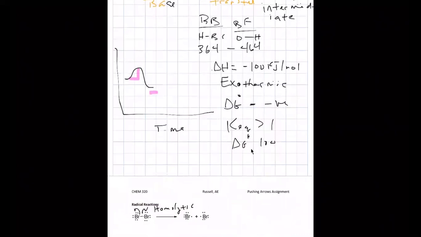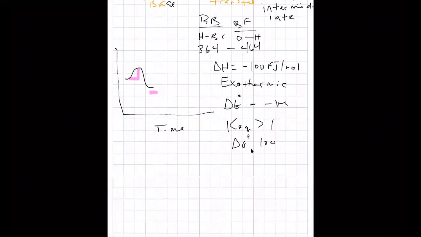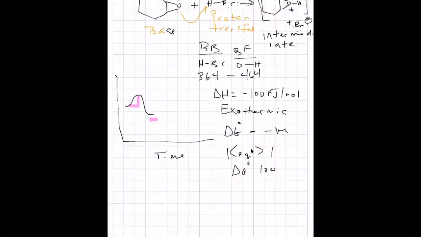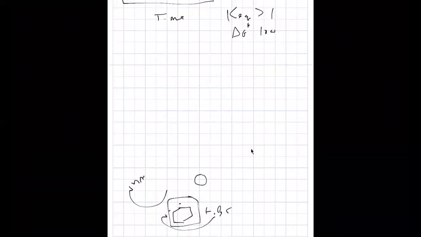Okay. All right, so let's do that second step, and let's see if we can get the overall. Dang it, I need to add another page. I need infinite pages. All right, so we're going to start at the intermediate, which is here. That's positive. And we're going to react that with Br minus, okay?